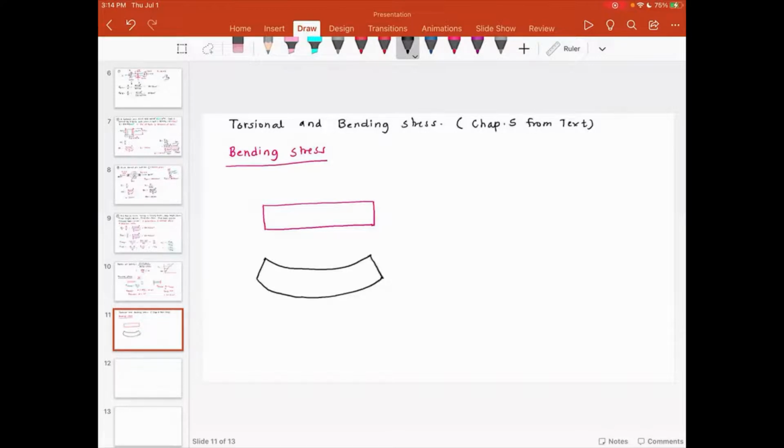So say you applied force that gave rise to a moment and the beam bent. Now I want you to look at what happens at the top versus what happened at the bottom.